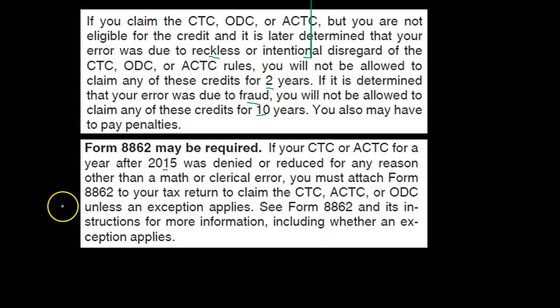See Form 8862 and its instructions for more information, including whether an exception applies.